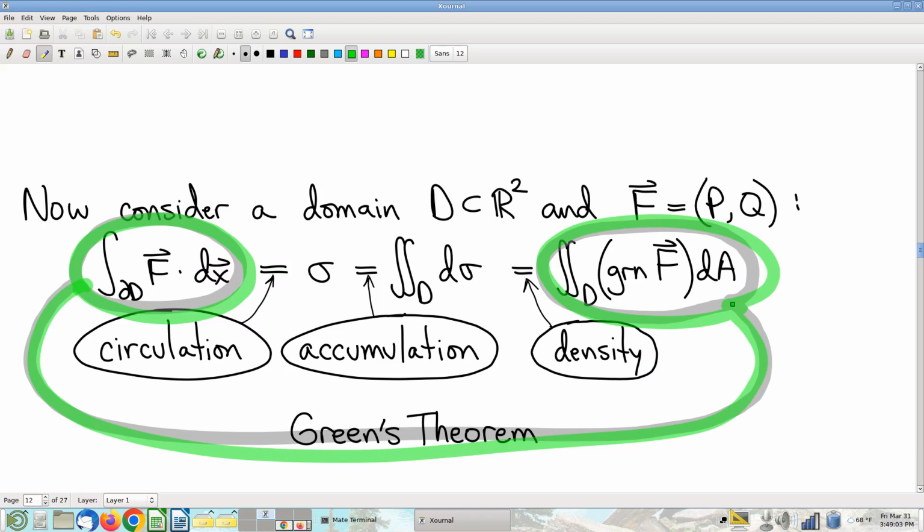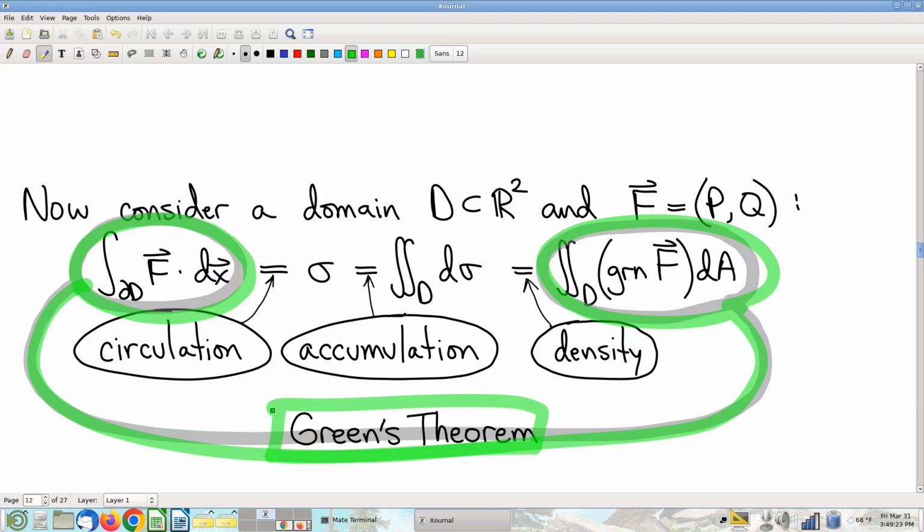This is Green's theorem. It's just the way we write down what I like to summarize as chopping and adding boundary circulations. It is just the accumulation of boundary circulations.